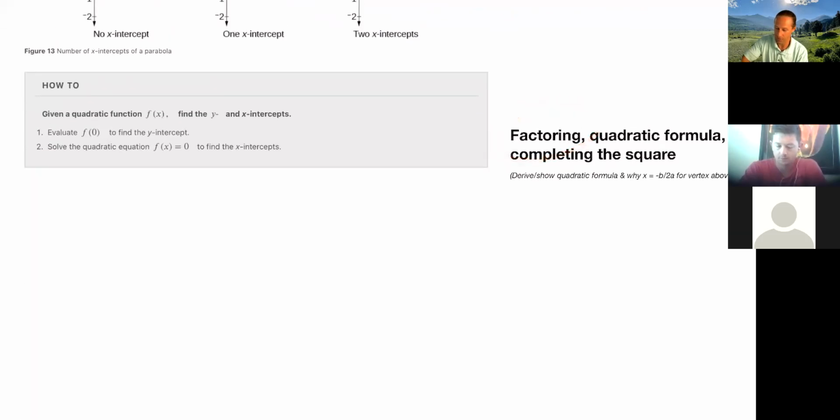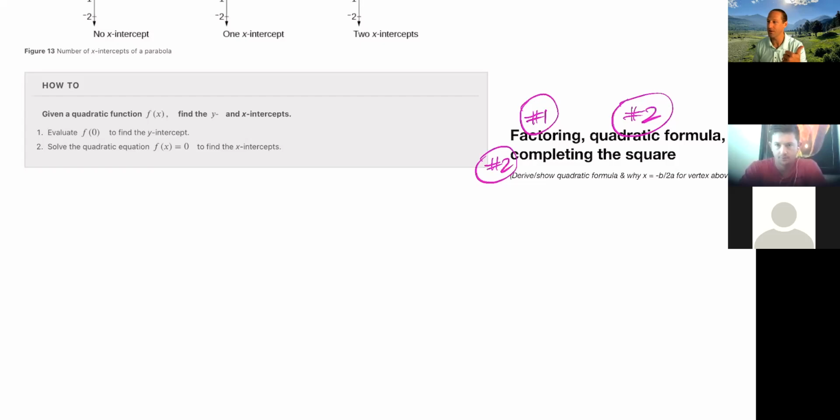The number one thing that we want to do is try to factor. The second and third options are totally up to you, whether or not you know how to use the quadratic formula or complete the square. It's going to depend on what you're given. But these are 3 techniques that you all should know.